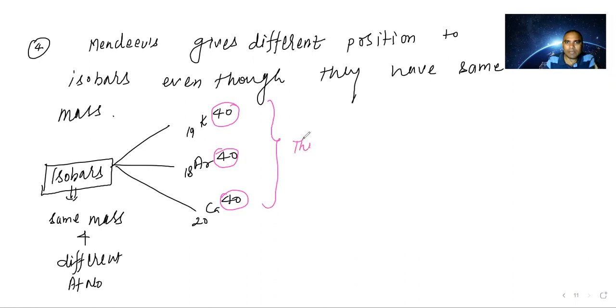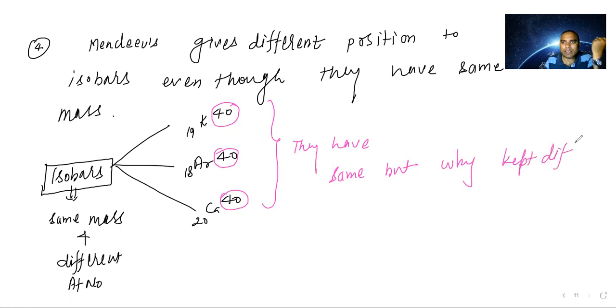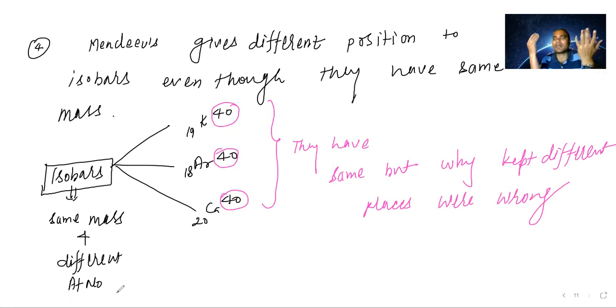So they have the same mass. But why were they kept in different places? That was wrong, because the rule says increasing order of mass. Same mass means we have to keep them in the same place. But he kept them in different places without explanation. That is why this model of the periodic table failed.